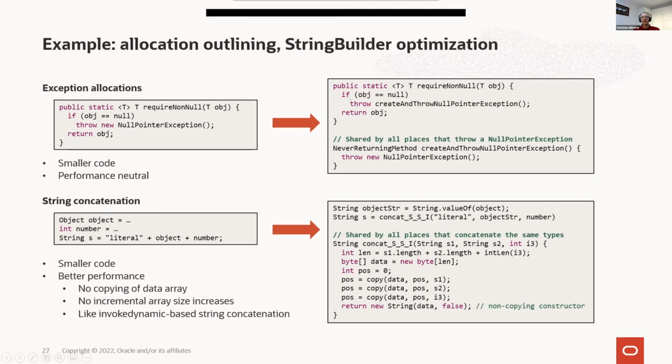So we just outline allocations, and you actually get very small methods that do nothing other than invoking a factory method. For string concatenation, we can take the StringBuilder plus operations, the append calls, and just outline that to type specialized concatenation methods. We also do a similar thing for String.format. When your format string is a constant, then we actually parse the format string at image build time, and you don't need to parse format strings at runtime anymore.